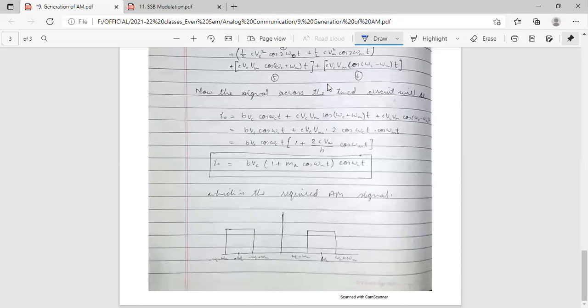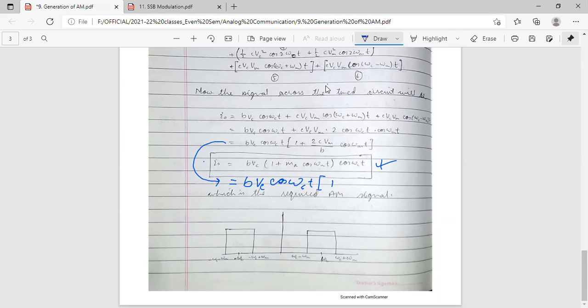So whatever we have seen here is nothing but you can write it in another way. After this, instead of writing this step, you can write it like this as BVC cos omega ct, where BVC cos omega ct is taken as common.